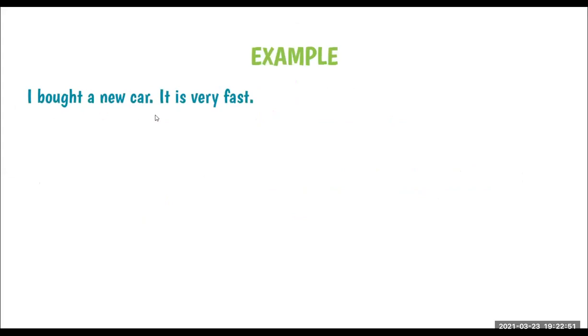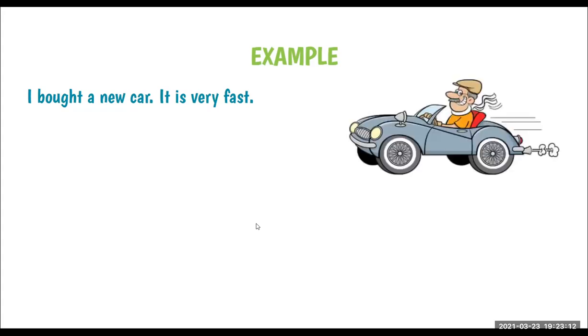I bought a new car. It is very fast. So, how do you think I can join these two sentences in only one sentence using a relative pronoun, a relative clause? What do you think? ¿Qué podría yo decir acá? ¿Cómo podría unir estas dos oraciones utilizando un relative pronoun?